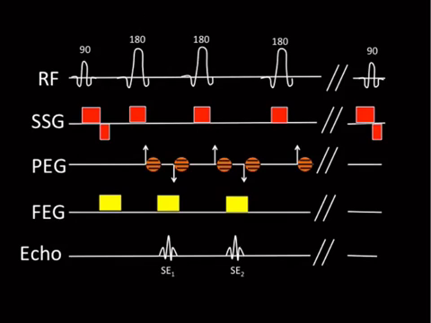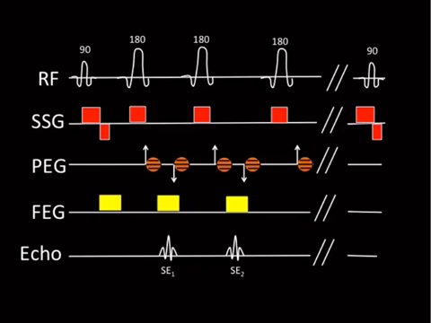So the idea behind fast spin echo sequence is to reduce the TR, which I already mentioned is a major contributing factor to the duration of the study. And this is done by applying multiple 180-degree refocusing pulses, each of which results in an echo. A couple of things that are worth knowing that are testable is that this fast spin echo has an effect on T2.